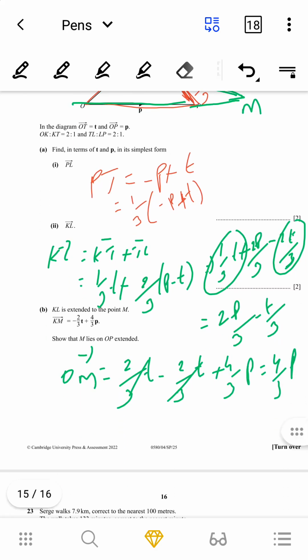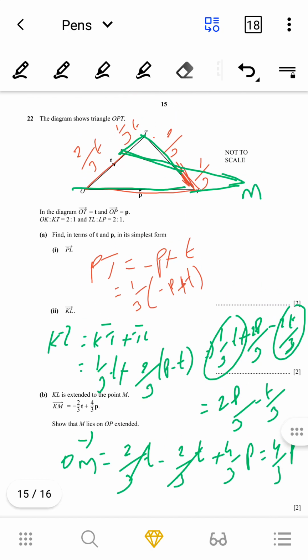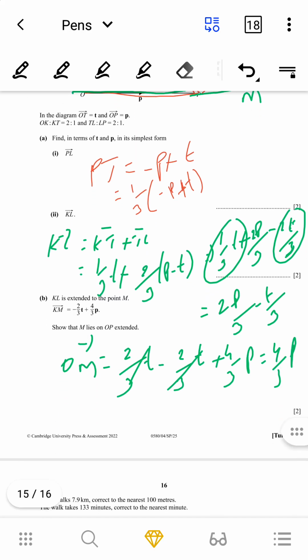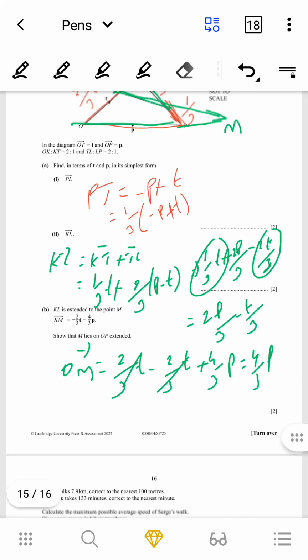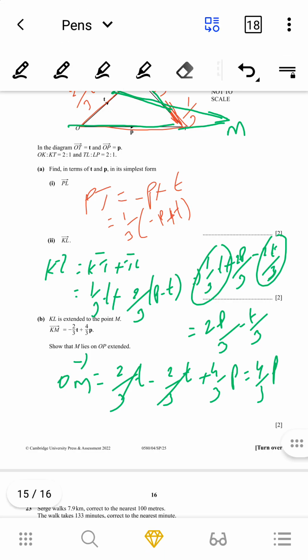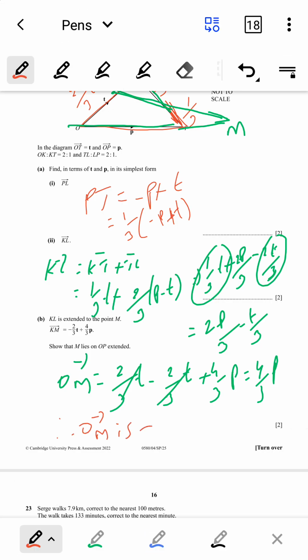Now see, 4/3 of P is a multiple of OP only, is it correct? So the OM vector is a multiple of OP.